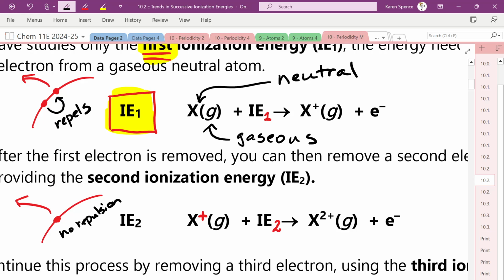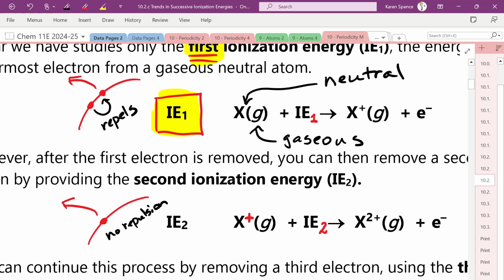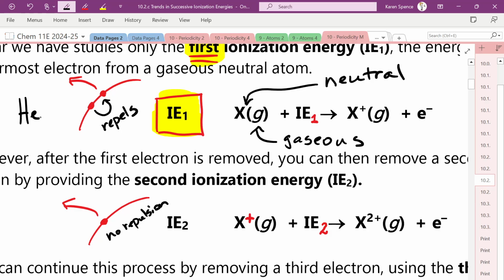Okay, and this would be like, let's just say this was for helium. Okay, say we had helium, which means we've only got one shell and we've only got those 2 electrons. That just makes our life really easy. Yes? So it's harder to remove.